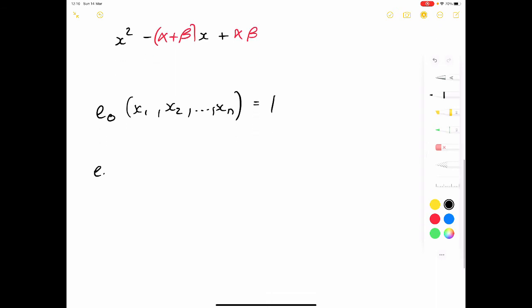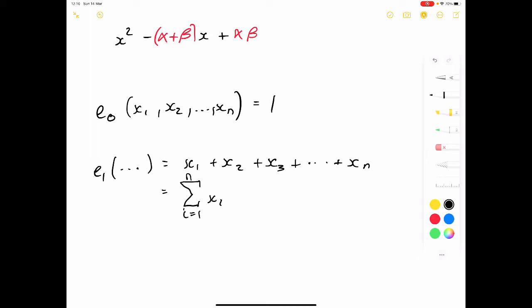Next we have E1, which is just your base sum of the roots, or sum of your variables. So of these terms, it is equal to x1 plus x2 plus x3, etc., all the way to plus xn. And that, of course, is equal to the sum for i from 1 to n of xi. That's what it is in sigma notation.